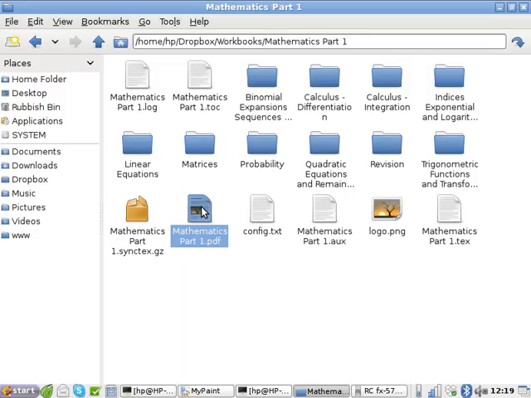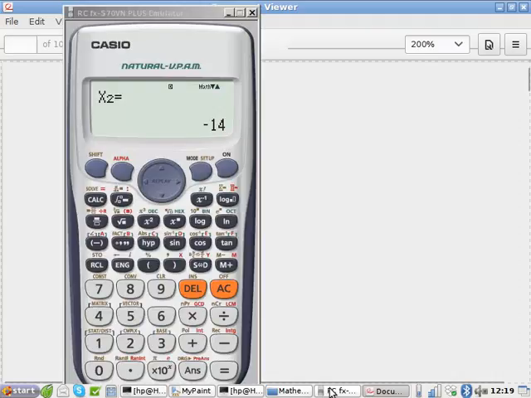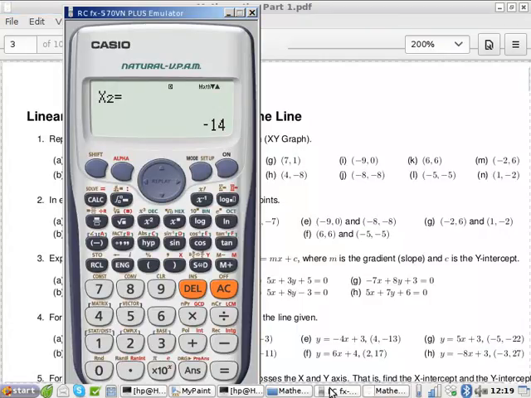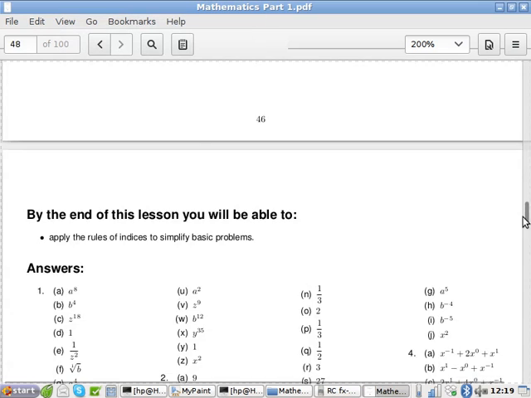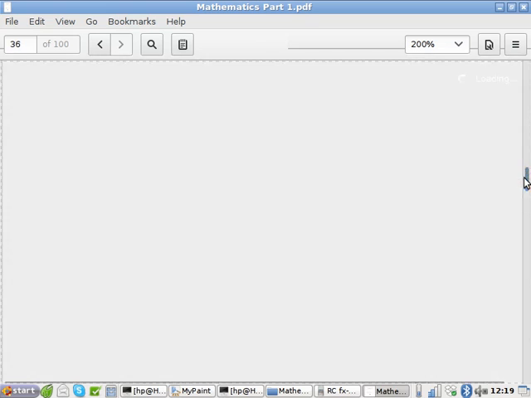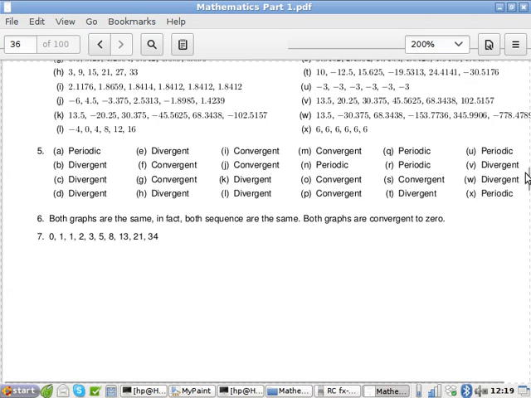Let me find which one it was. Oh yeah, as I was about to say, this calculator is on Moodle if you want to download it. The free version is on Moodle.